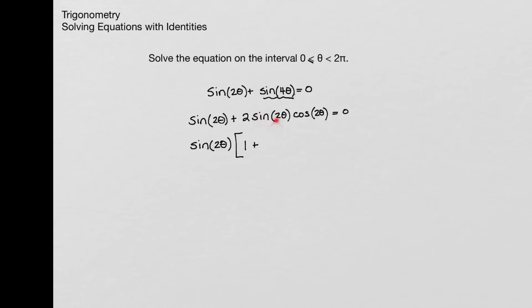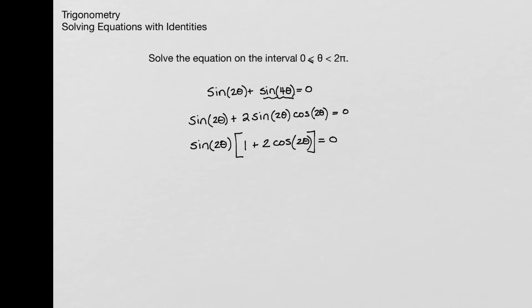Now, again, we factored out a sine of 2 theta. That leaves the 2 and the cosine 2 theta. So now sine of 2 theta times the quantity 1 plus 2 cosine 2 theta is equal to 0.